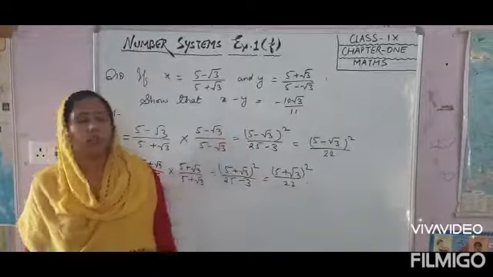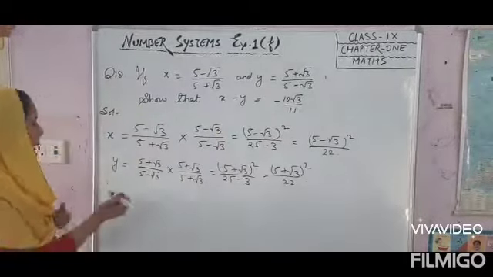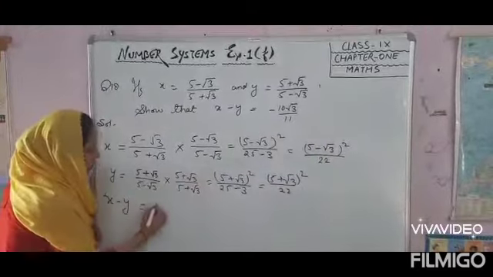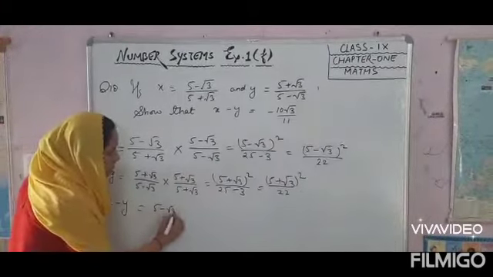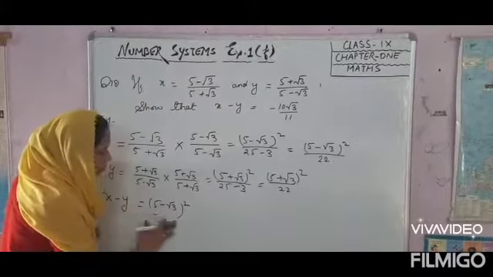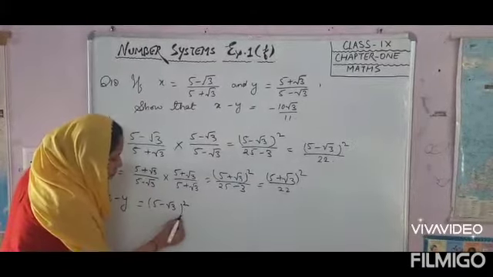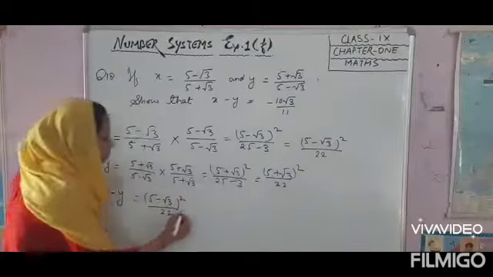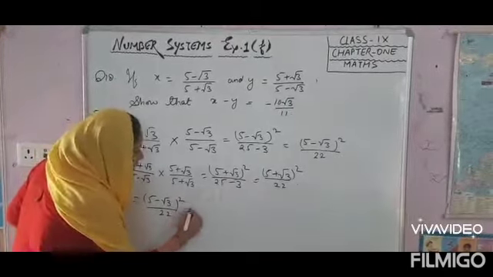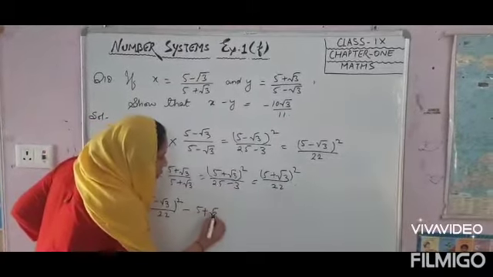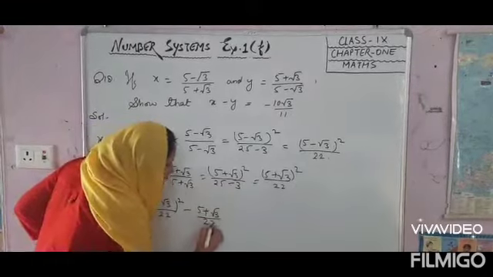Now they said to find the value of x minus y. So x minus y will be (5 minus root 3) whole square upon 22, minus the value of y, which is (5 plus root 3) upon 22.